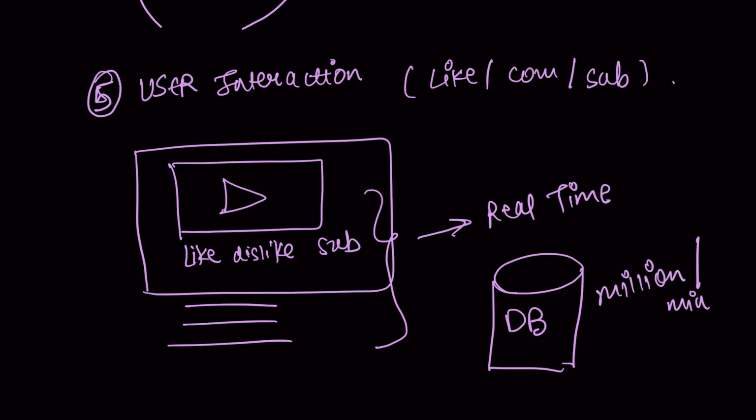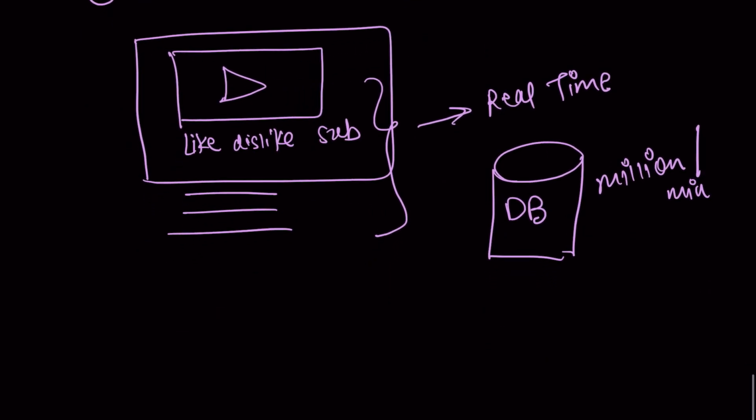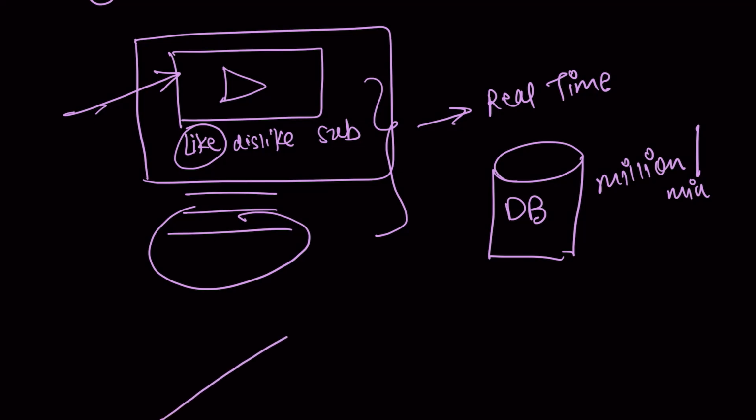There are millions of people out there who are streaming some video right now, okay? So for example, if a video suddenly goes viral and it is getting thousands of likes and comments in a few minutes, the YouTube system needs to be designed in a way that handles the surge in activity without slowing down or crashing.